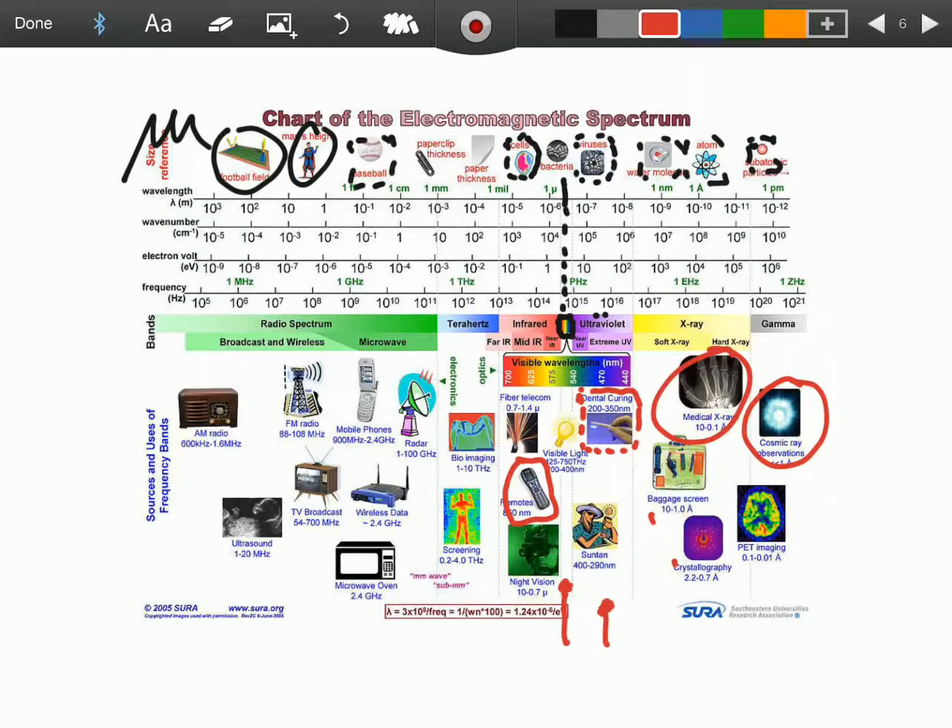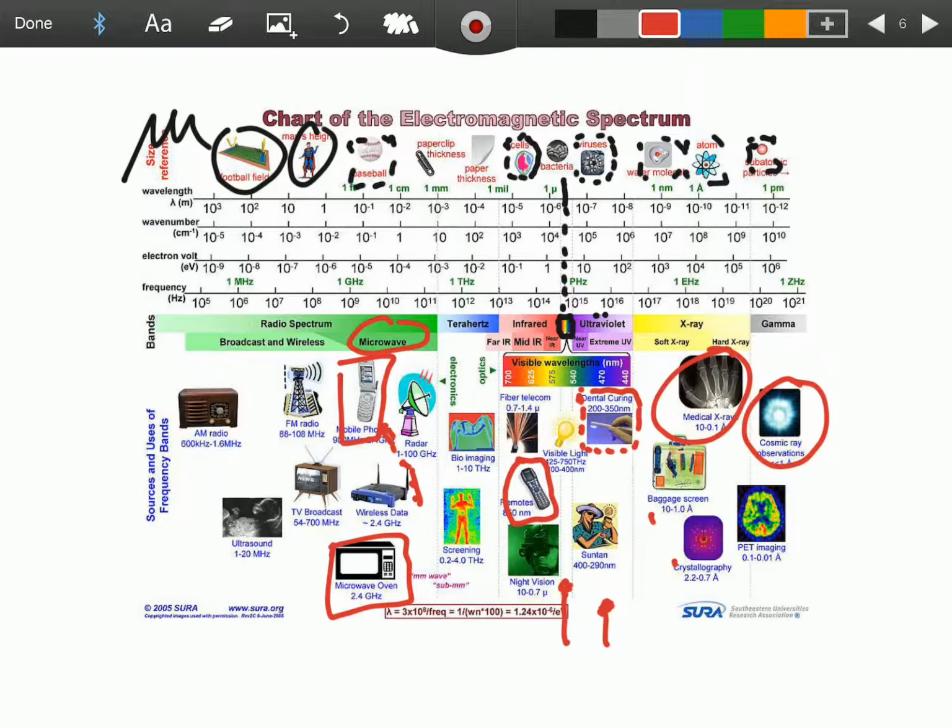Anyways, moving on, microwaves. Our cell phones operate in the microwave system. Microwave ovens operate at a little bit different wavelengths than your cell phone. But most of our small communication devices use microwaves as a way to send signals.